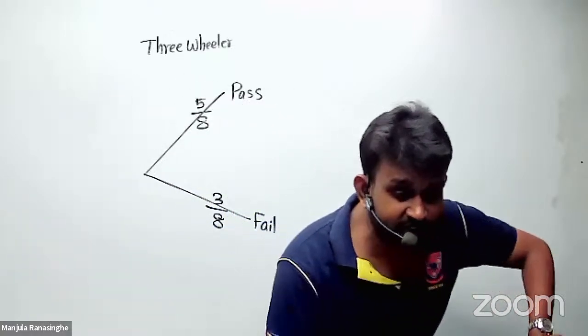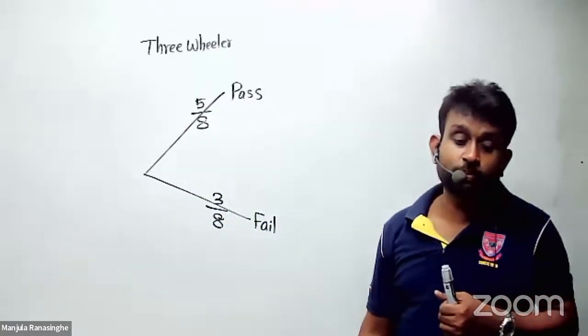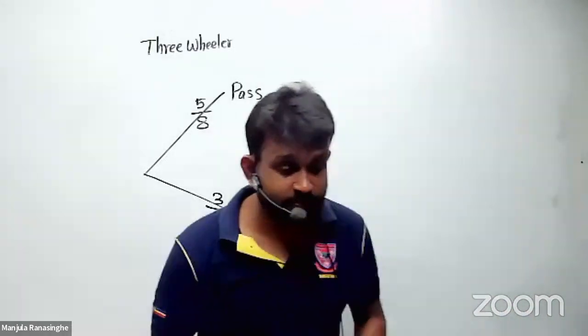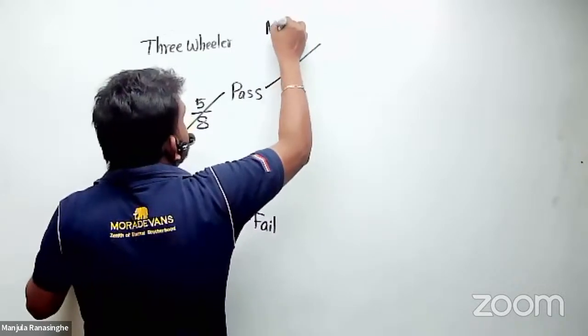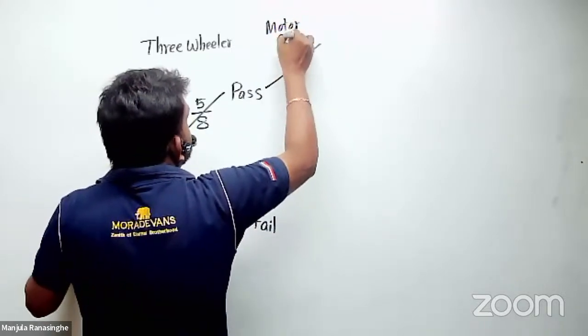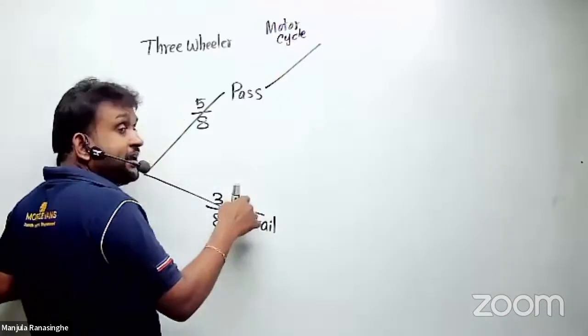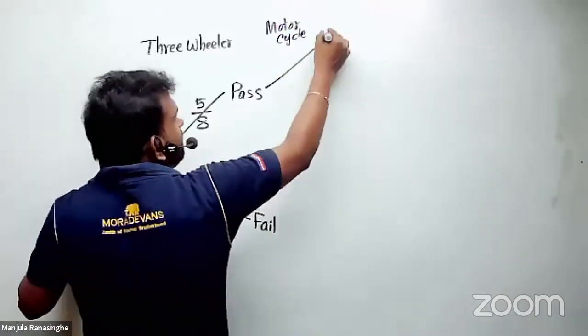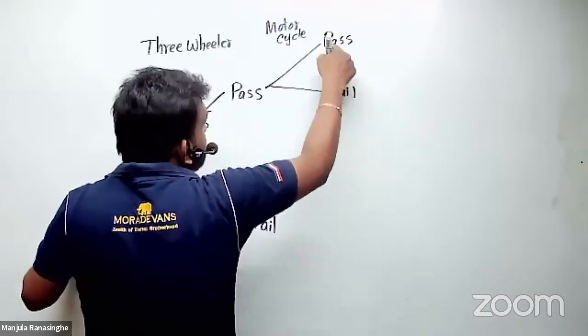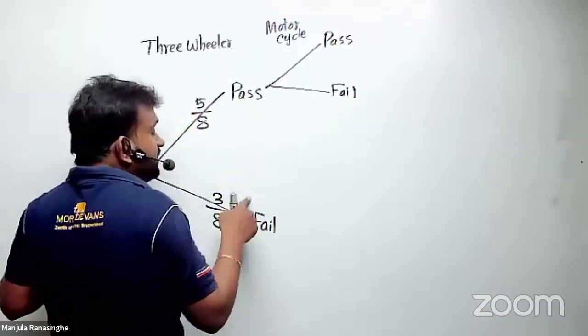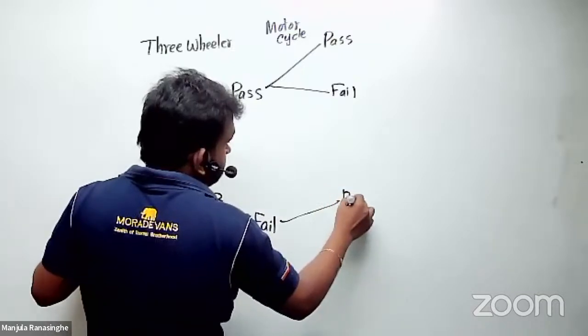Right, now extend the tree diagram to represent the failure passed by motorcycle which came next for this smoke emission. So now the motorcycle, you have to name motorcycle, right? Then see there, pass fail order you followed. Same way, right pass fail, that is better. Don't mix it, fail and pass, because here pass first and fail second. So pass fail.